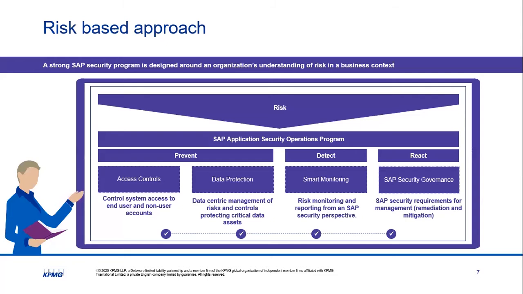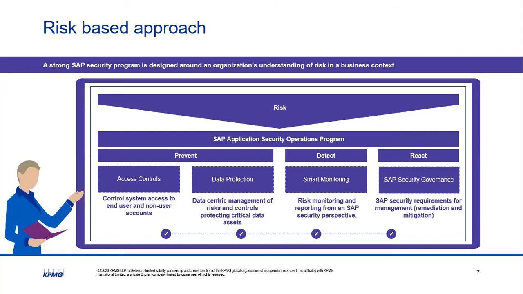So under prevent, you have your access controls, and this, simply put, is access granted to users, ensuring that access that is provisioned is appropriate and corresponds with an end user's day-to-day responsibilities. And then there is data protection, whereby restrictions are put in place to protect data considered sensitive to the organization. This is typically deemed a more granular type of access control and is specific to a field within the system.